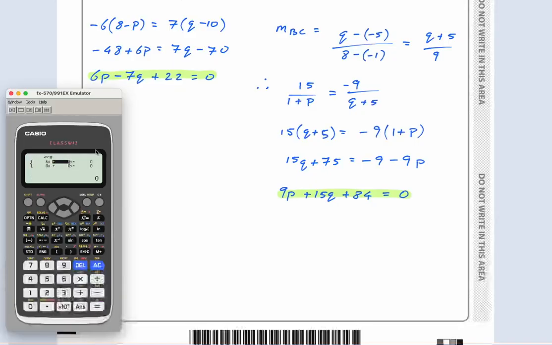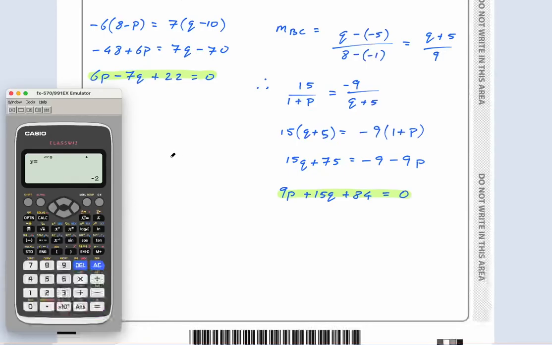So this is 6, -7, and 22. Sorry, wrong way around, I need to go back, guys. It's -22 because the calculator puts it in x plus y equals -22. Similarly here, it'll be 9, it'll be 15, and it will be -84. Okay, press enter, and you get x is -6 and y is -2.